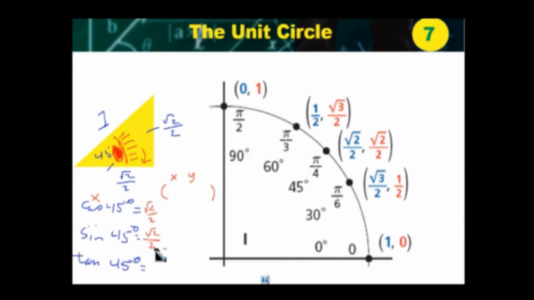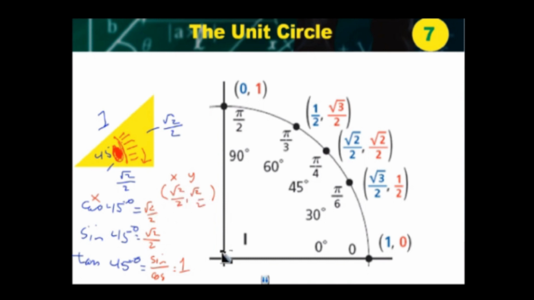Now for tangent, tangent is y over x, or sine over cosine. And we just figured out the values for both of them, which is square root of 2 over 2 divided by square root of 2 over 2, which is just a 1. So I'm here trying to fill up this point. This is square root of 2 over 2. This is square root of 2 over 2.